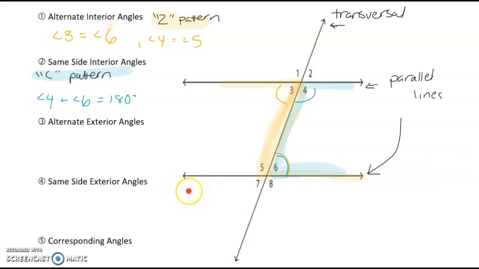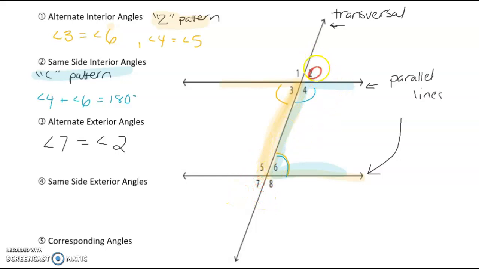Okay, next one, alternate exterior angles. So 7 and 2, which means that angle 7 equals angle 2, and that's these right here, the alternate exterior angles.